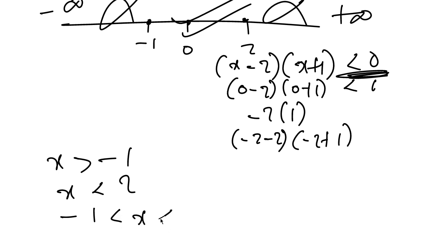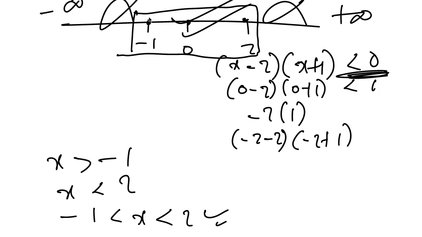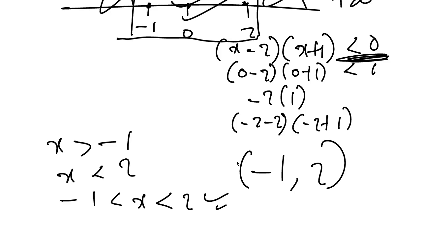And since x is less than 2, we can combine it. This is what is happening over here, right? From negative 1 to 2 is okay, excluding negative 1 and 2, because you can see we are using greater than minus 1. So if we now want it in interval notation, we can simply say from negative 1 to 2. Agreed? So that is the solution to the question.